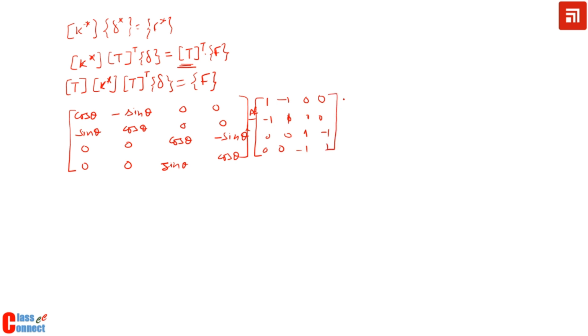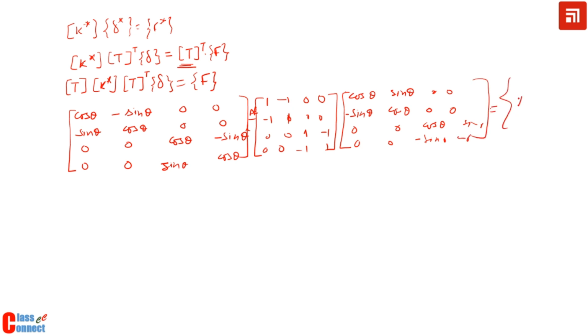This is my K star, and then the transformation matrix transpose, cos theta, sin theta, 0, 0; minus sin theta, cos theta, 0, 0; 0, 0, cos theta, sin theta; 0, 0, minus sin theta, cos theta.